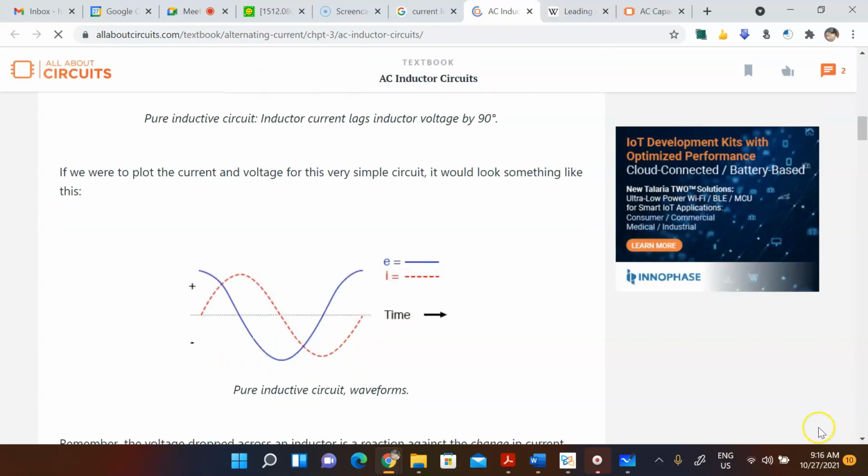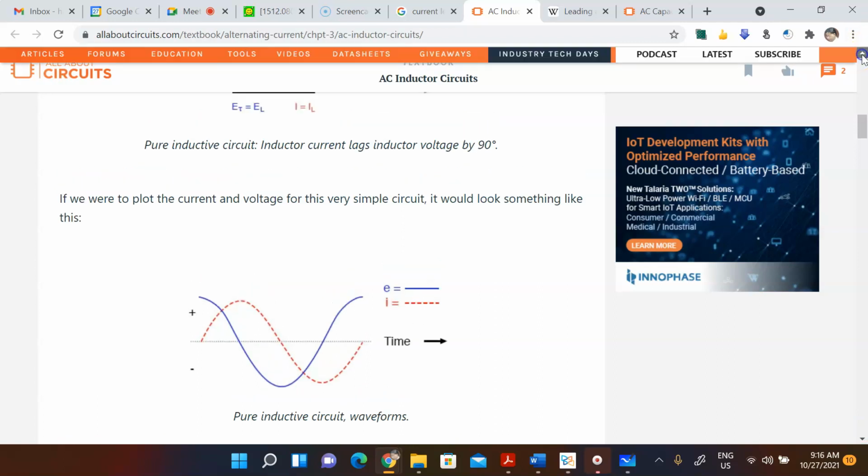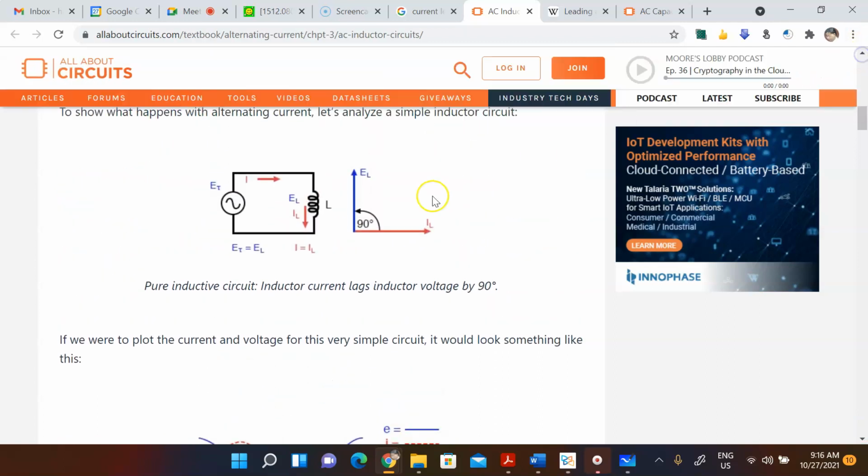Okay, great. So you can look up allaboutcircuits.com. Here is a pure inductive circuit. Let me scroll this up. You have a voltage passing through the inductor, but when you try to measure the current, it is actually lagging.